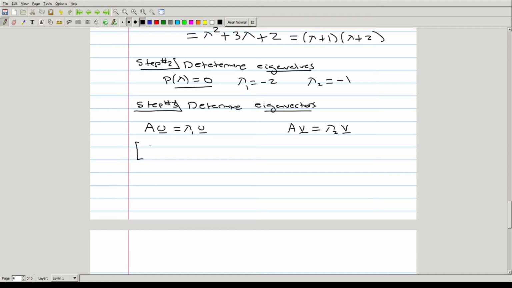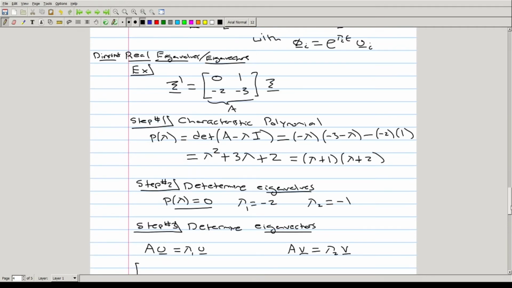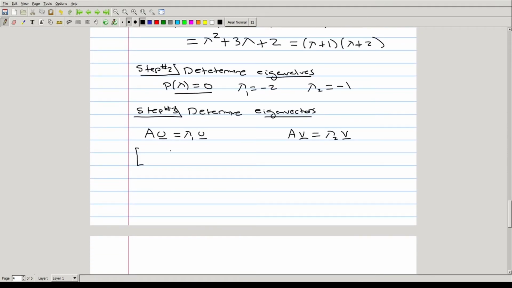This is a matrix A, which is 0, 1, negative 2, negative 3, times u, is equal to negative 2 times u1, u2.